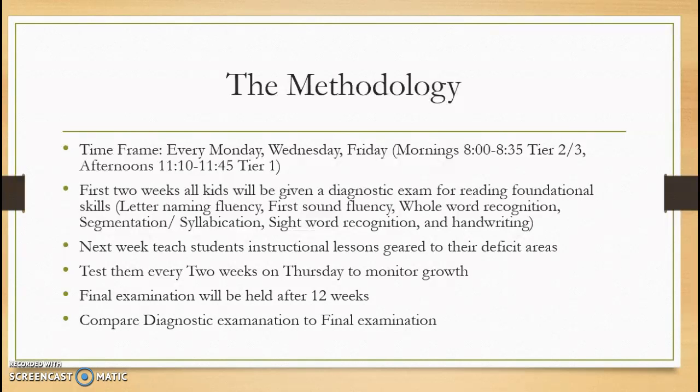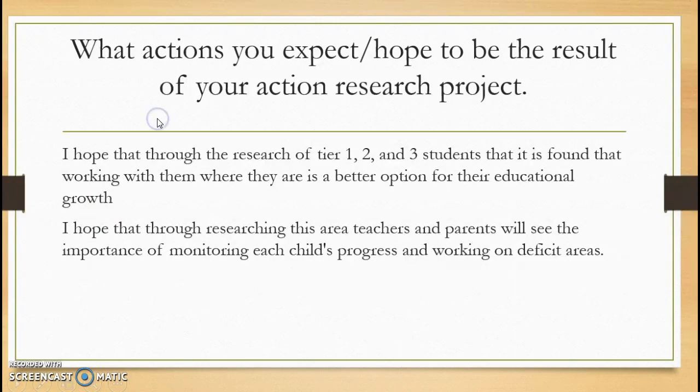The following week, students will be taught lessons geared to their deficit areas. They will be tested every 2 weeks on Thursday to monitor their growth, and their final exams will be held after 12 weeks. The beginning diagnostic test and the final examination test will be compared for results.